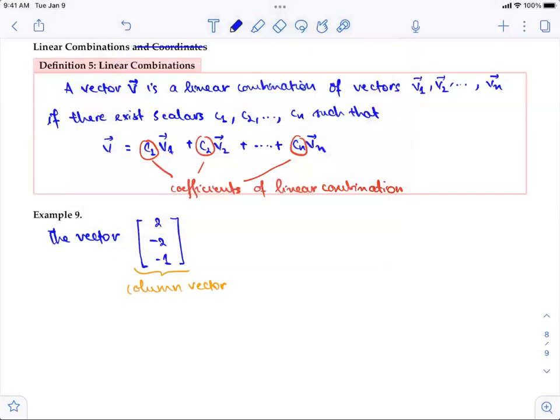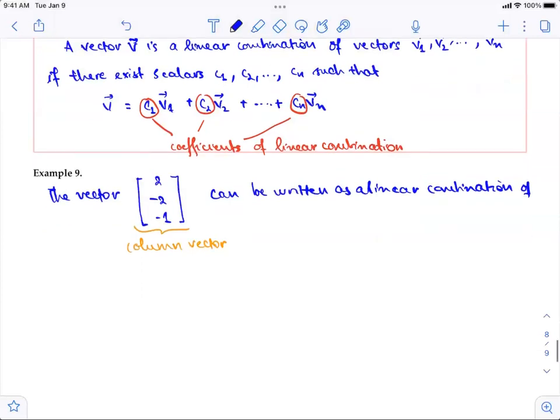This particular column vector 2, -2, -1 can be written as a linear combination of 3 vectors. So you have 3 column vectors, 1, 0, -1, and 2, -3, 1, and 5, -4, 0.